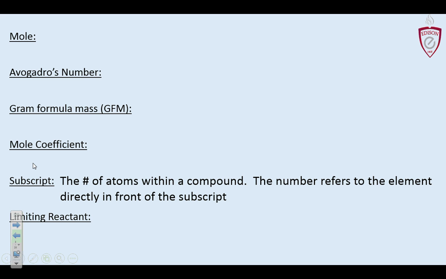It's the number of atoms within the compound. The number refers to the element directly in front of the subscript. So CO2, we get that little 2, that means 2 oxygens, but only 1 carbon, because they're 2 different elements. That's a great example, too, because we have to pay very careful attention that it's a capital C and a capital O, 2 different elements.